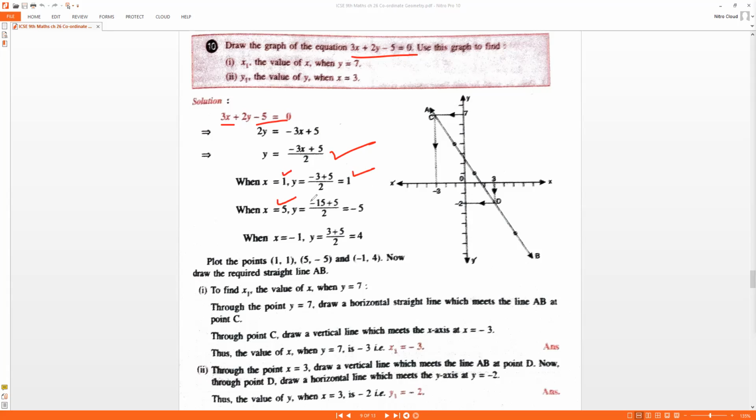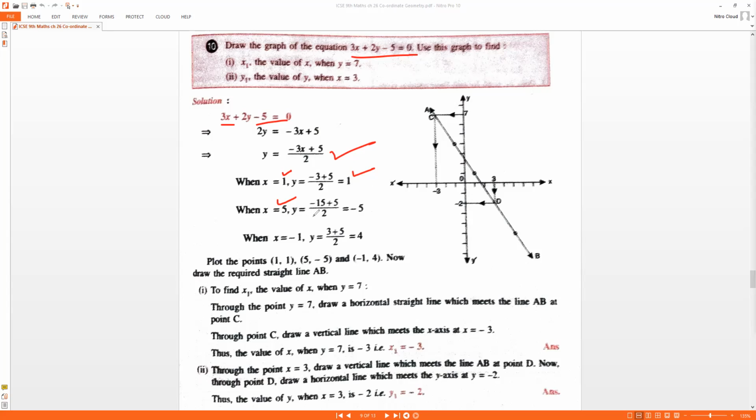You assume x is equal to 5. Okay, you have to take the guess. It's not always necessary that you have to go in that order. Okay, you can take any value, as I told you, so that you get some smaller values, not some bigger values or anything which is very difficult to calculate.